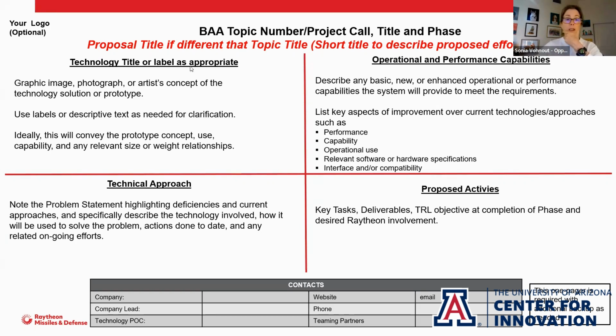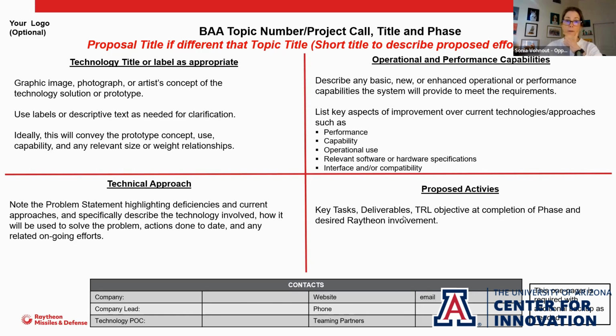And what technology you're developing. Here's a graphic of what the technology is going to do, how you're going to do it, and what your approach is that will be the discriminator in this proposal. And then what your actual tasks are, tied into those activities, and then your contact info.